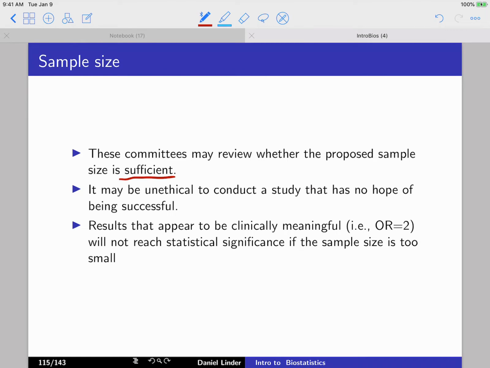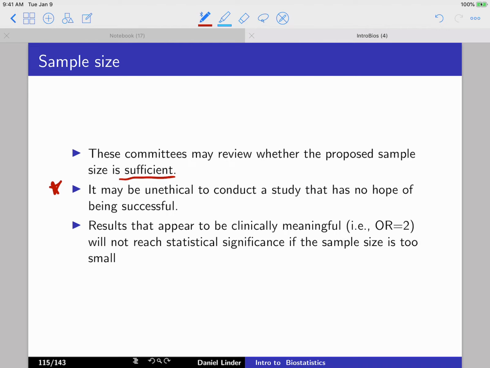An important point is that it's usually unethical to conduct a study on humans if it has no hope of being successful. So if you have absolutely no chance of detecting the kind of difference that you hypothesize you're going to see, for instance, between a placebo and a treatment group.